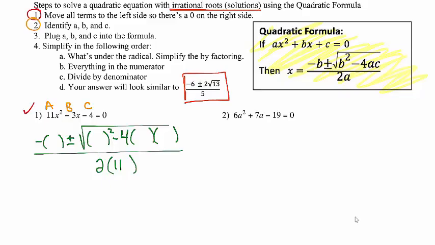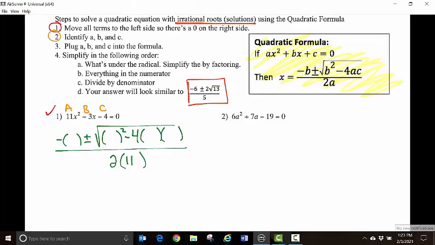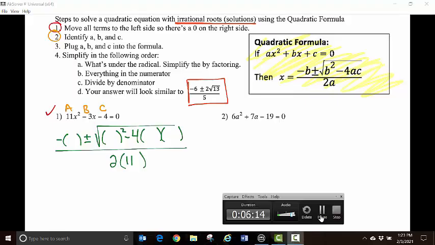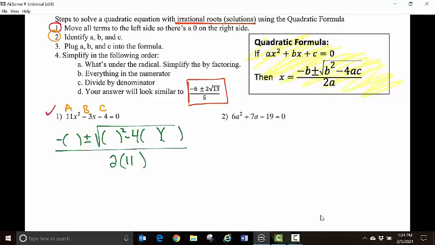Everybody do that right now. Stop side talking. You would have put in negative 3 and negative 3. A is 11, C is negative 4, and the bottom is 11.